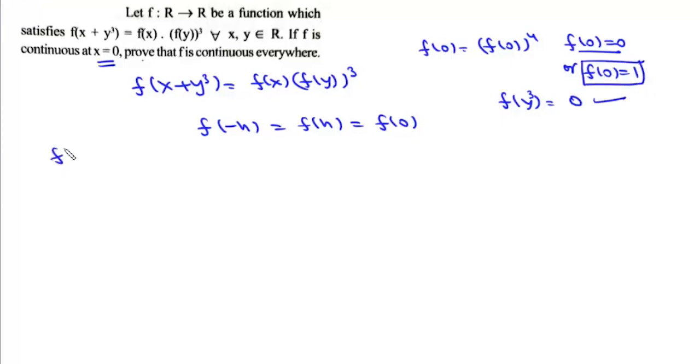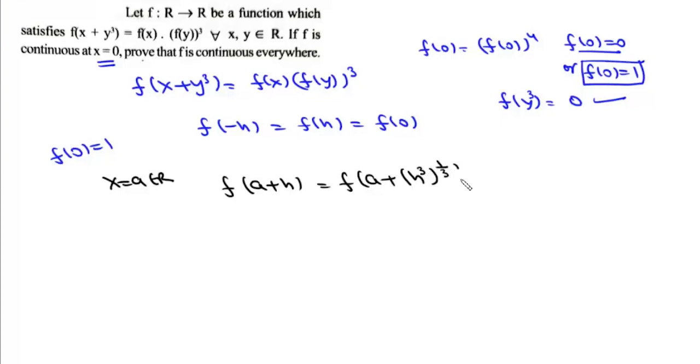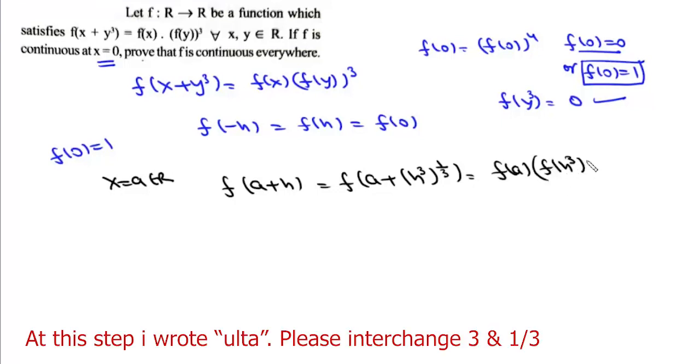Now if we take f(0) as 1, then if we check its continuity at any point, say x equal to a, which is a real number, then we can write f(a plus h) as f(a plus h cubed to the power 1 by 3). Now this is f(a) into f(h cube to the power 1 by 3).